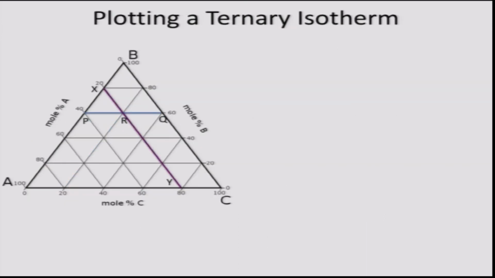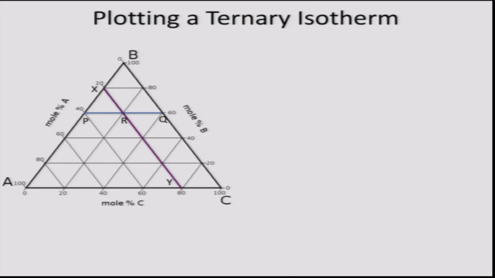I have shown it on this triangle ABC, with the divisions for 20 mole percent. As I said, the unit can be mole percent or weight percent. One has to be consistent throughout the phase diagram.